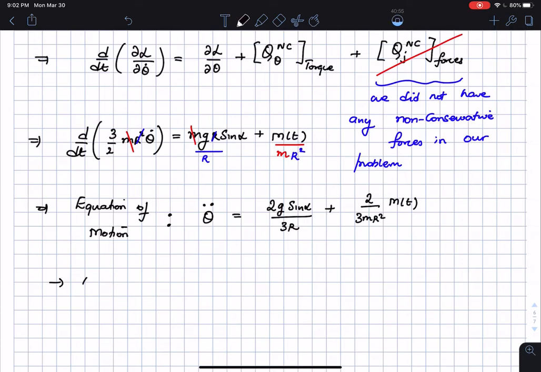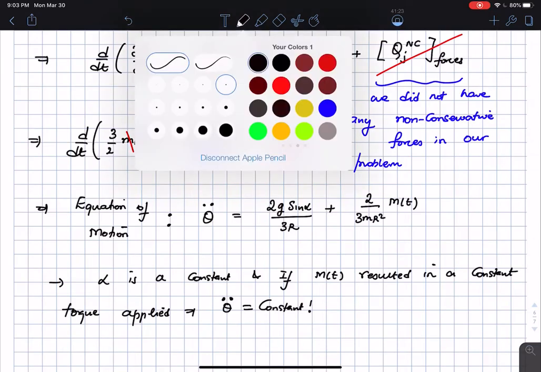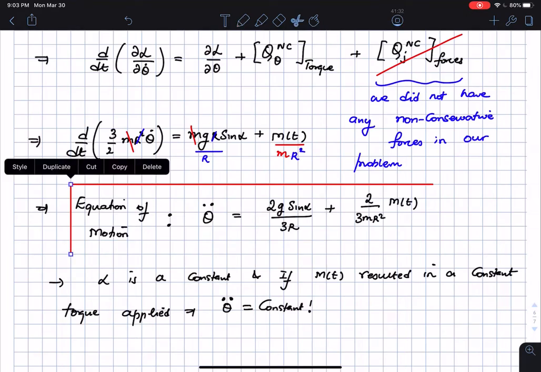But alpha is a constant, and if m of t resulted in a constant torque applied, then theta double dot would end up being a constant. I'll just put a box around this because this is our equation of motion here, this entire thing.